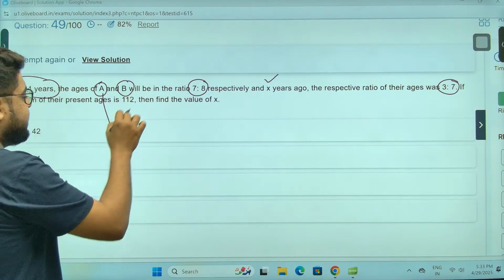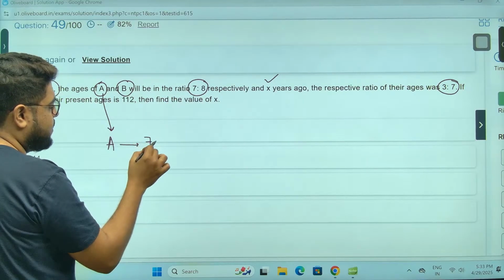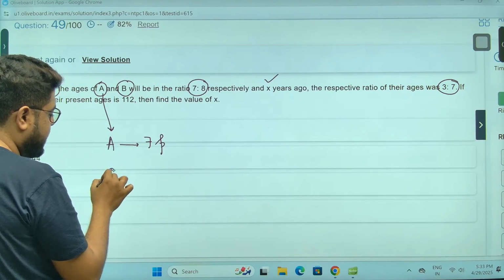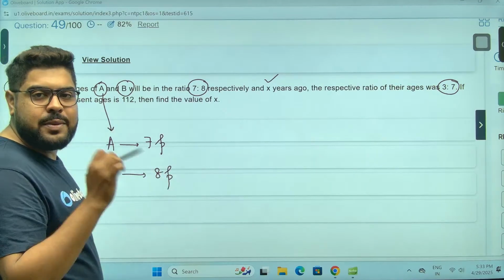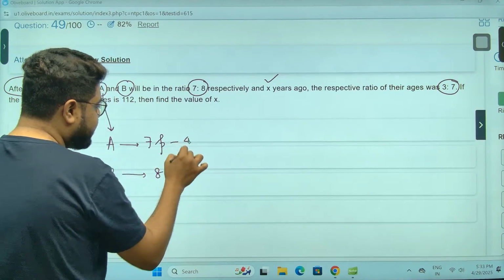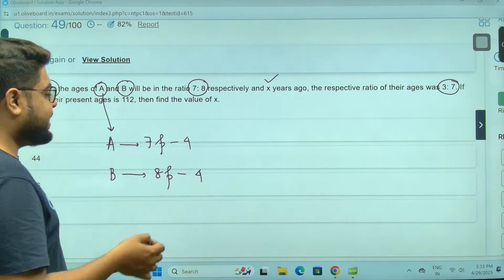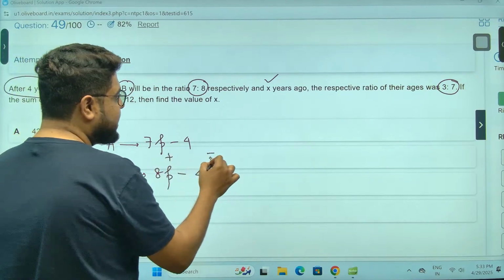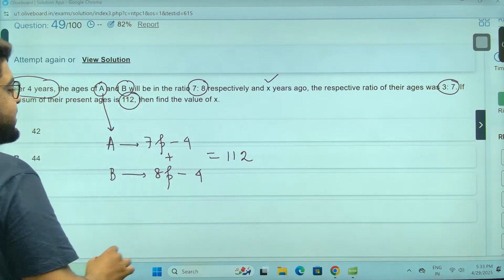So their ages after 4 years: A's age was 7p and B's age was 8p. So the present age will be minus 4, because these were after 4 years. The sum has been given as 112 years.